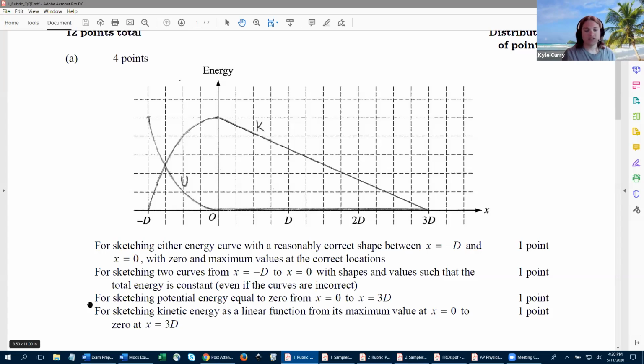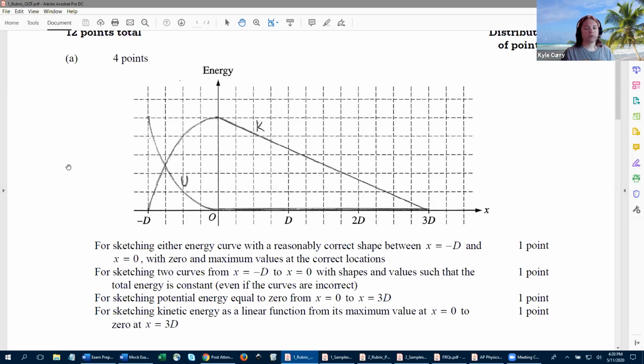Third point is for sketching a potential energy equal to 0 from x equals 0 to x equals 3d. That is this line right here. If that line is sketched and labeled, that earns another point. And last but not least, sketching the kinetic energy as a linear function from its maximum value at x equals 0 to 0 at x equals 3d.